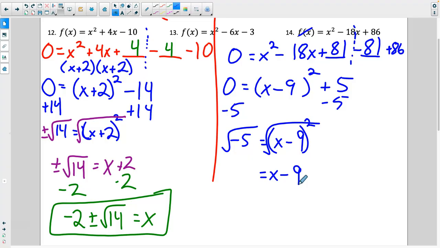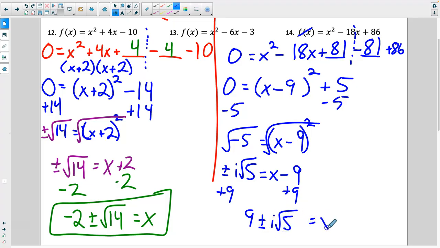What do we get? We get an i. Anything else? I do have to do that. What else do I need to do? Plus or minus. Yeah. All right, so I get plus 9 to both sides. Always got to watch the signs, make sure it's working out. And there we go.